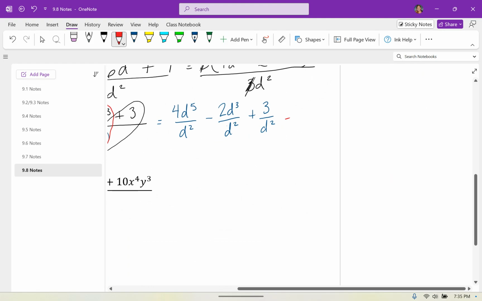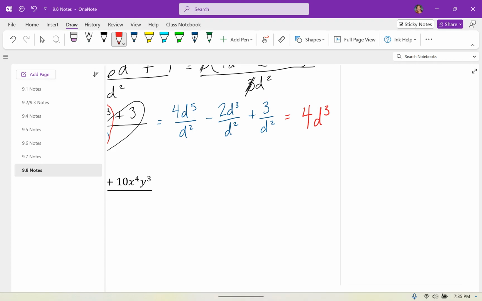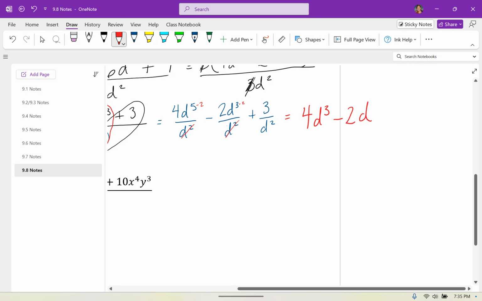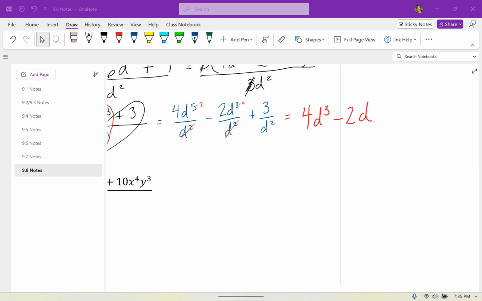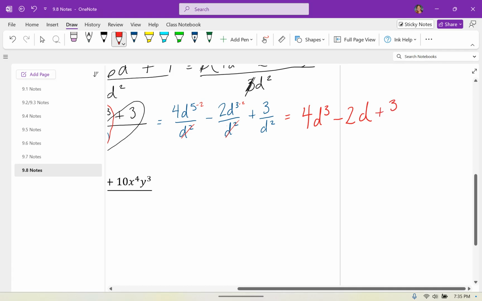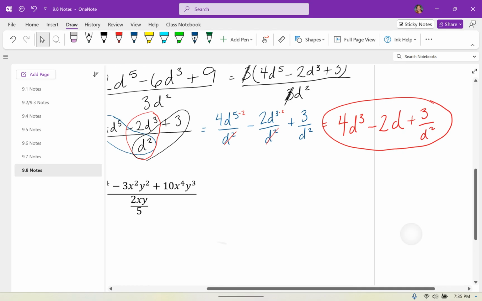Okay, so this is equal to 4d cubed minus, okay, right, we subtract the exponents, 5 minus 2. Okay, so 3 minus 2 is 1. So I have 2d to the first. And how about 3 over d squared? There's nothing you can do with that, so I'm going to write plus 3 over d squared, and that is the simplified version. It's pretty good.